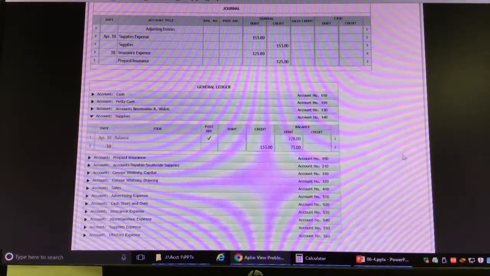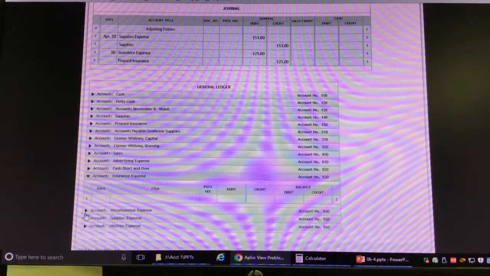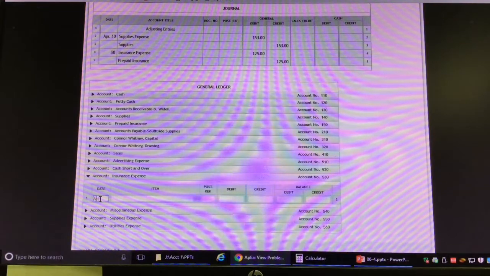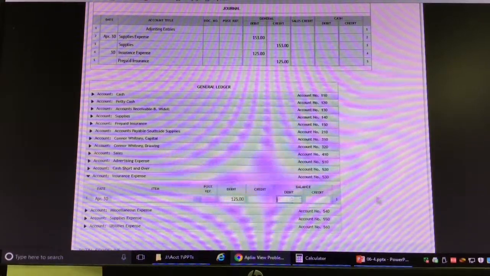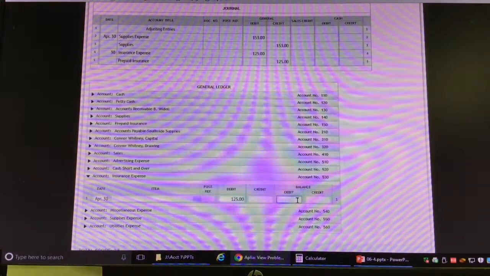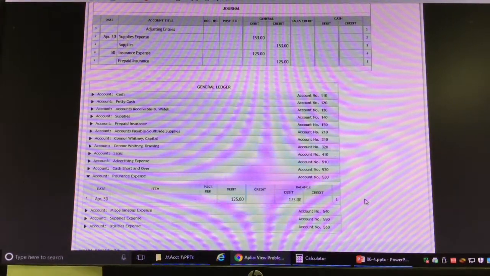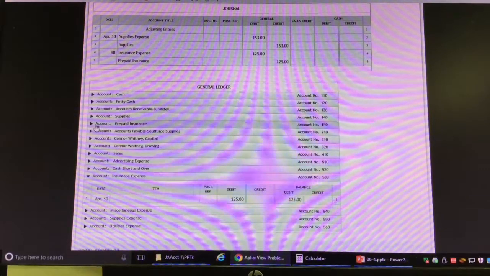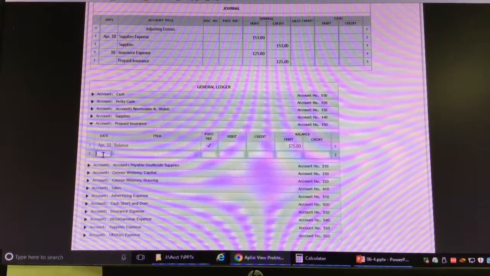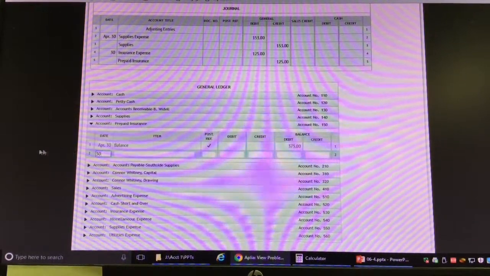Now I'm going to do the insurance expense. Insurance expense, April 30th. The insurance expense is a debit of 125. Since this is an expense, the balance is carried on the debit. Then I will go into my prepaid insurance. Again, I don't have to write the month this time, I just have to write the date.